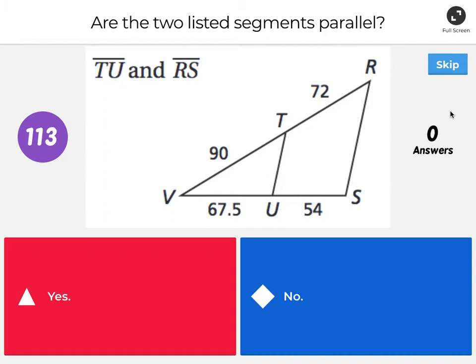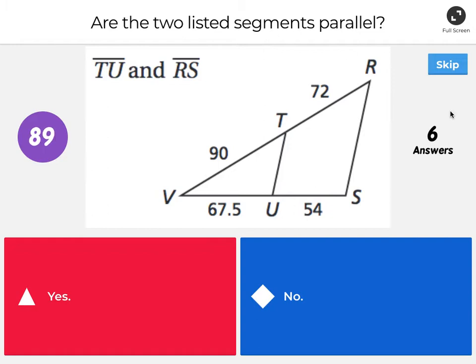Are they parallel, yes or no? What do you have to do? You have to divide them. So you do 90 over 72, and that should be equal to 67.5 over 54.